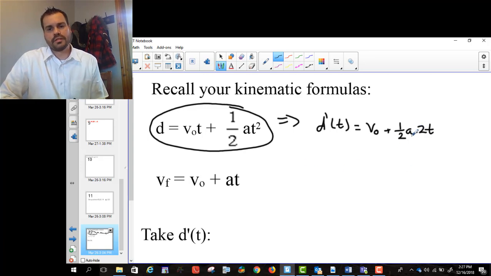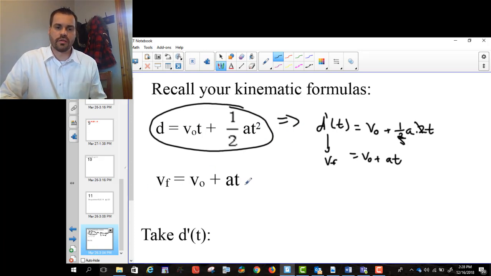And what we end up with is these 2's cancel, and so we end up with v0 plus at, and that d prime, we've already said, is the velocity. So you can see how taking the derivative of this kinematic formula gives you that kinematic formula. So they are related to derivatives.